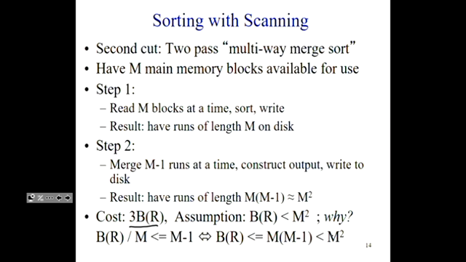But remember, we are not counting the cost of writing the output. So you have a read and write for step 1, you have a read for step 2, therefore your cost is 3 times the number of blocks of relation R. Okay? All good? Okay.